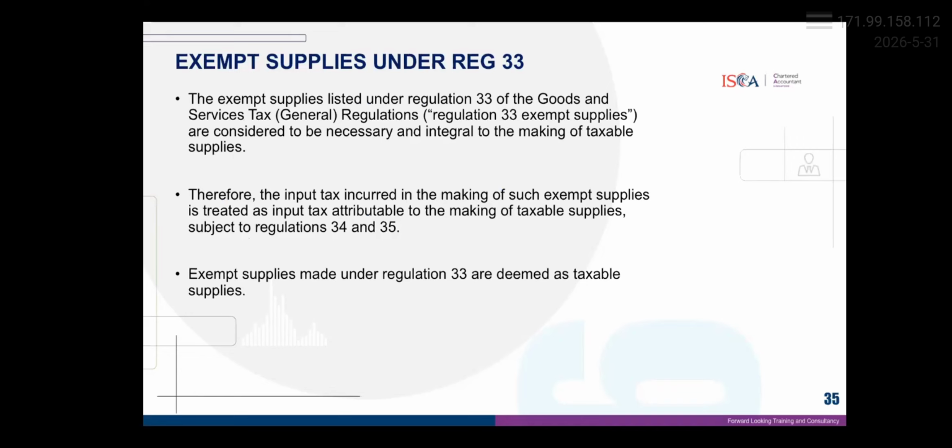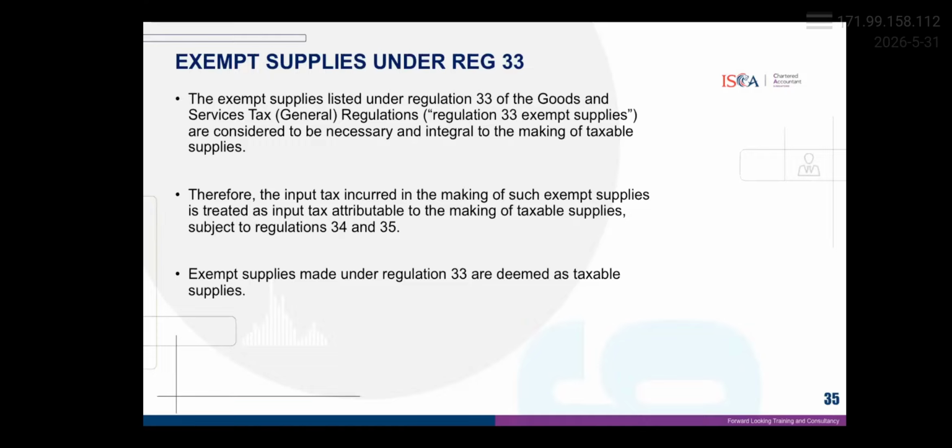Now, moving away from de minimis, which is the sort of immaterial exempt supply, let's take a look at the other type of exempt supply for which input tax can be claimed. This is Regulation 33 exempt supply. The exempt supply listed under Regulation 33 of the GST General Regulations are considered to be necessary and integral to the making of taxable supply.